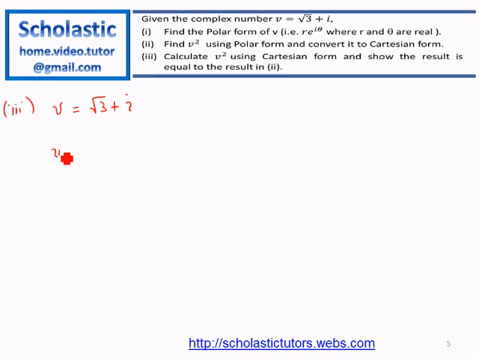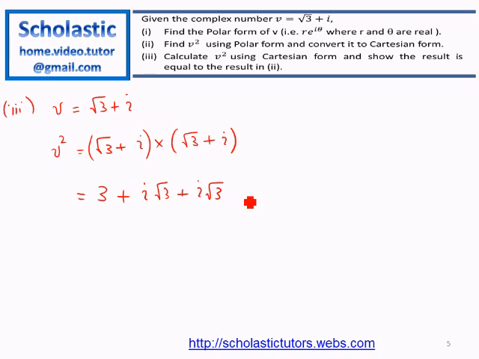To find v squared, we multiply root 3 plus i by itself, root 3 plus i. So now we expand this. Root 3 times root 3 is 3, plus root 3 times i is i root 3, i times root 3 is i root 3 again, and i times i.